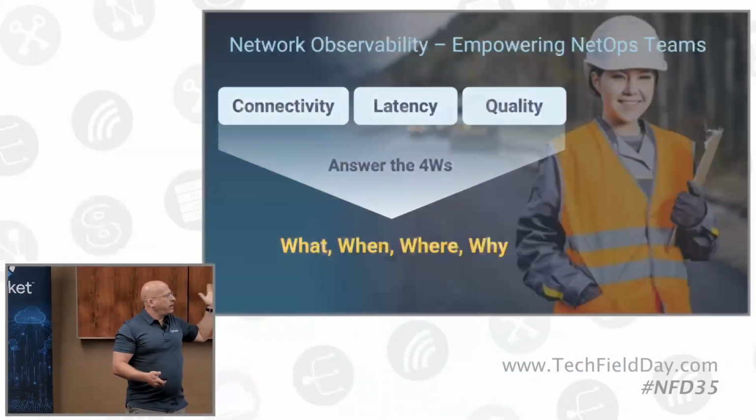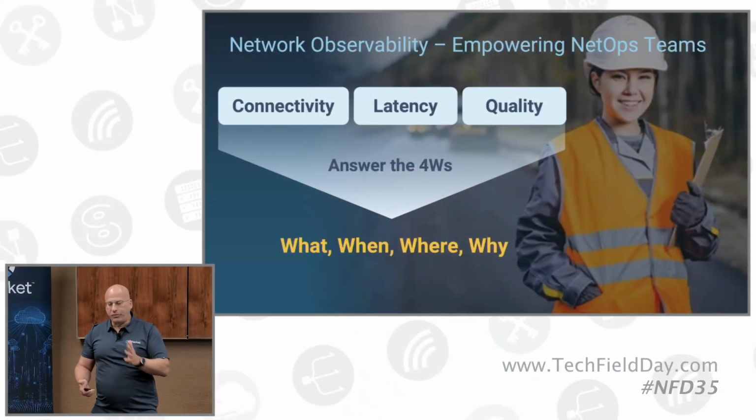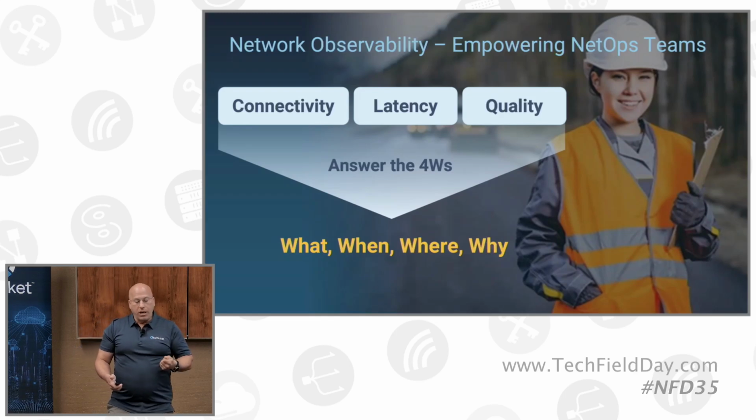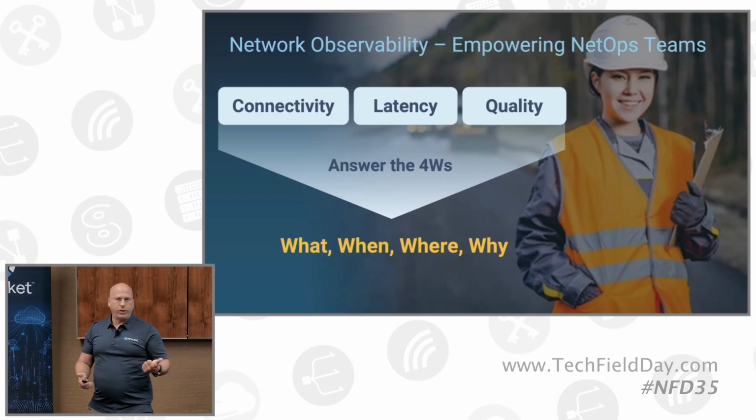So the framework is this: when you are a network operations person responsible for the highway, you're going to get a call from a user, or in the case of algorithmic trading, from an algorithmic trader, complaining about one of three things. I cannot connect, the application is too slow, or the quality is bad. By quality is bad, I mean packets are missing.